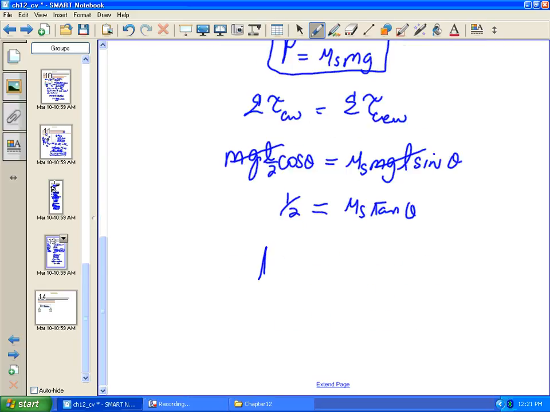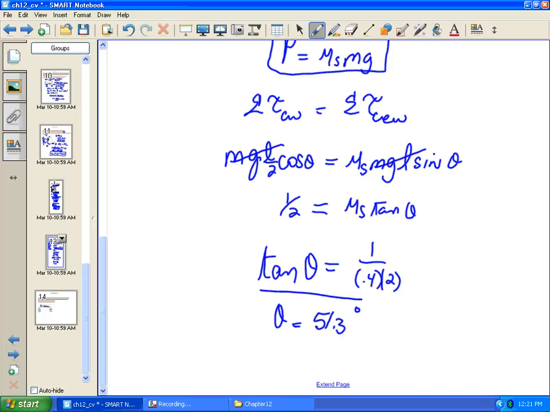Now tangent of theta equals 1 over 0.4, which is mu s, times 2. So theta is the inverse tangent of this quantity, which gives us a theta of 51.3 degrees. So in other words, that is the largest value of theta for which this ladder experiences no motion.